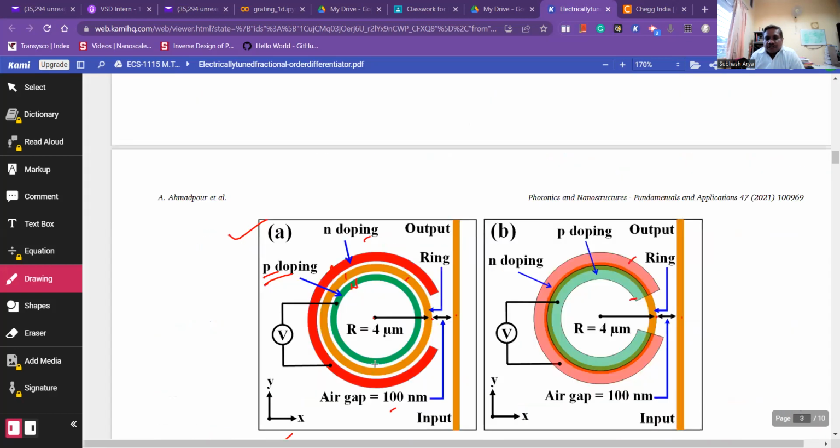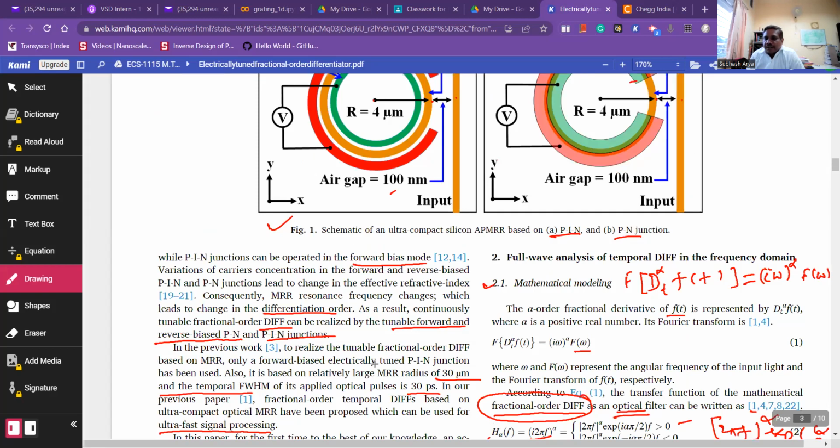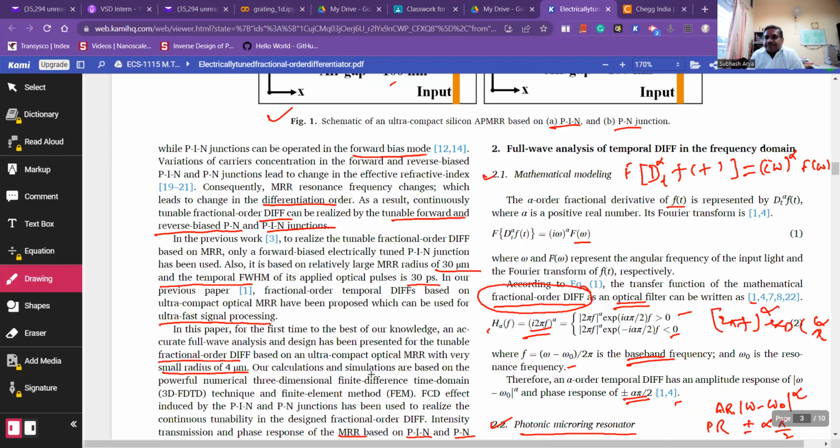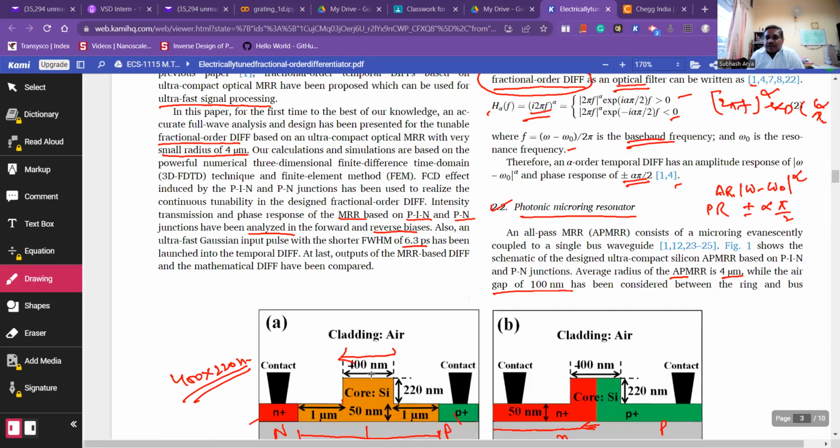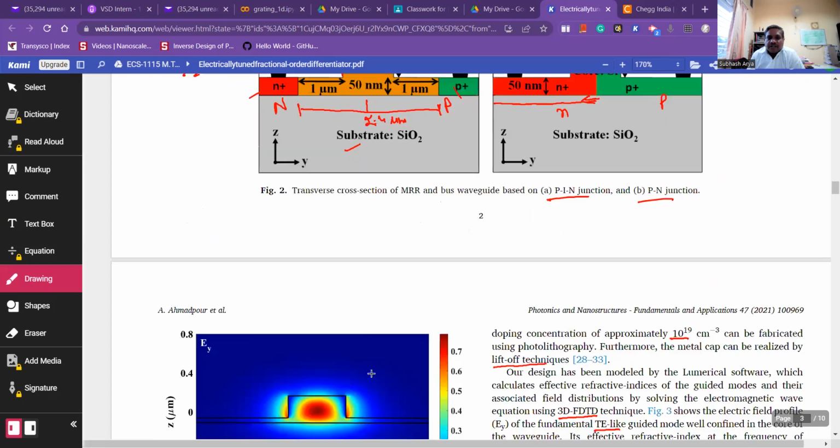We read the introduction portion, then full wave analysis of temporal differentiator in the frequency domain by taking Fourier transform, then photonic micro ring resonator.